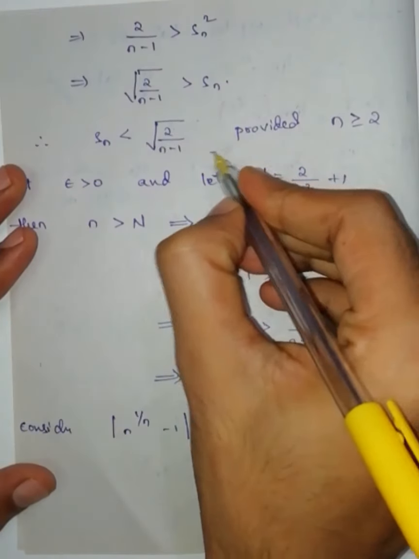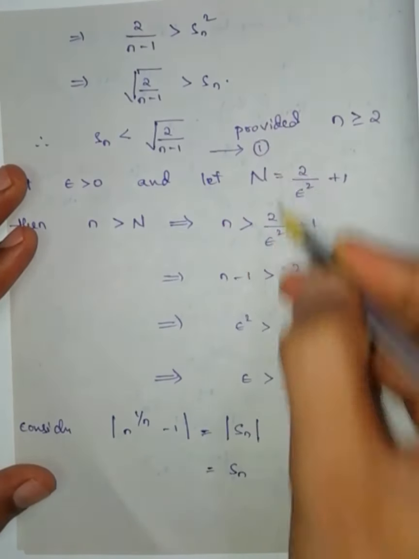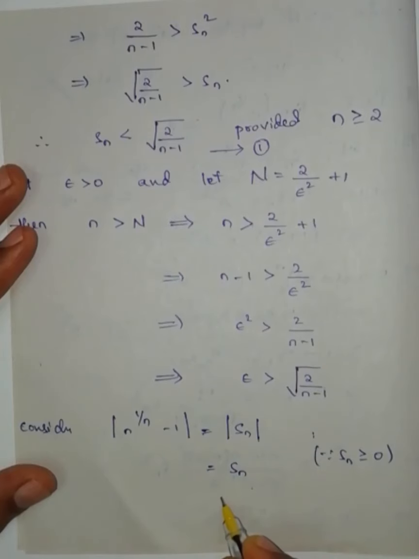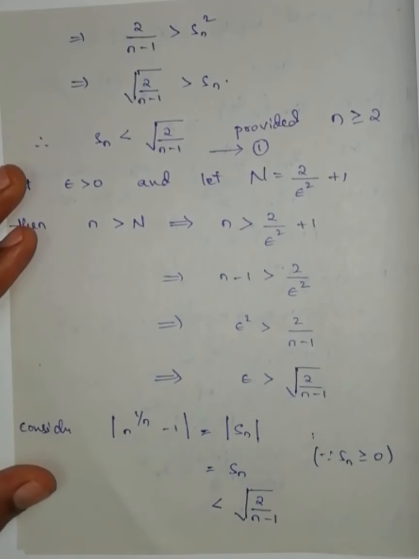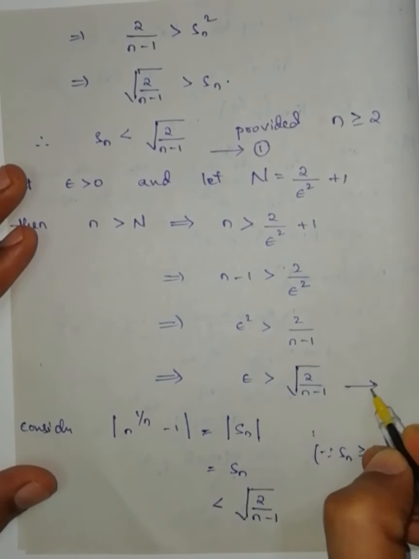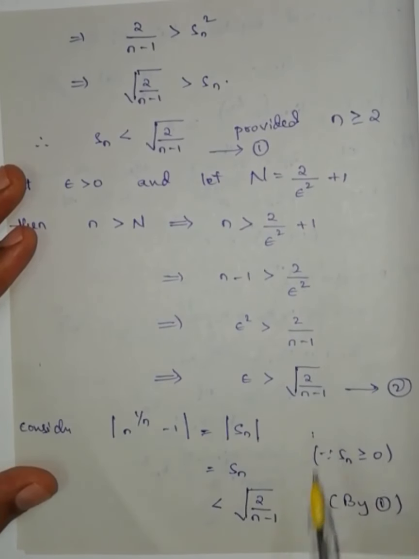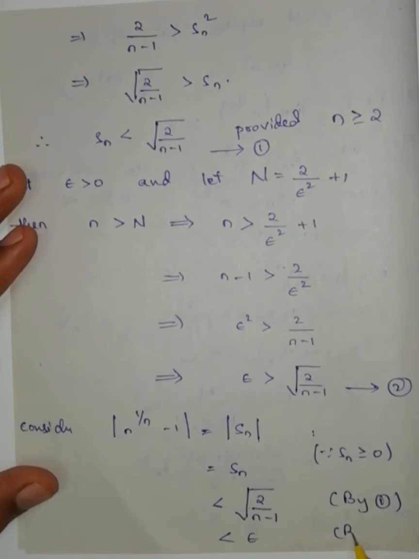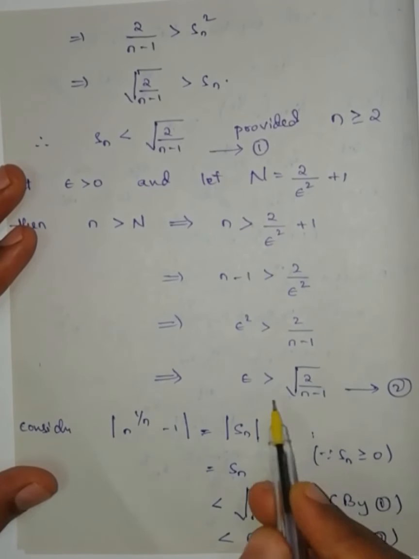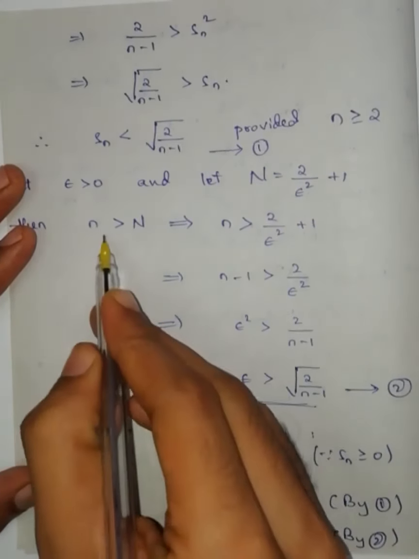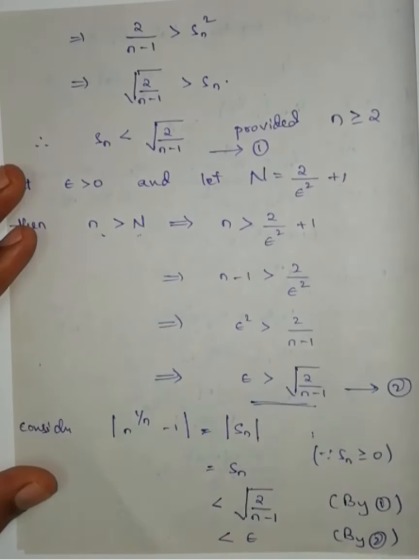Now from equation number 1, Sn is less than root of 2 by (n minus 1). From equation number 2, this one is less than epsilon. This we can apply if n is greater than capital N, where capital N is as chosen. Therefore, what we got now?